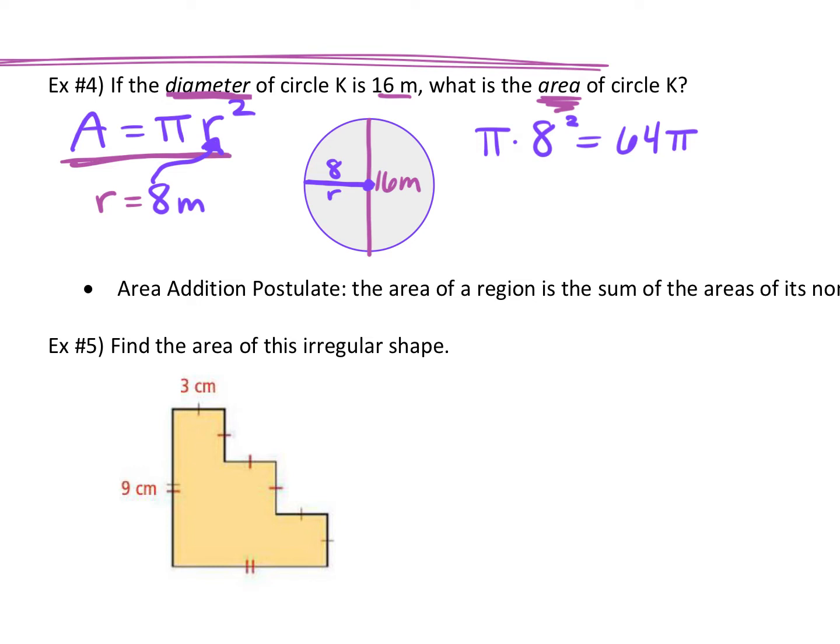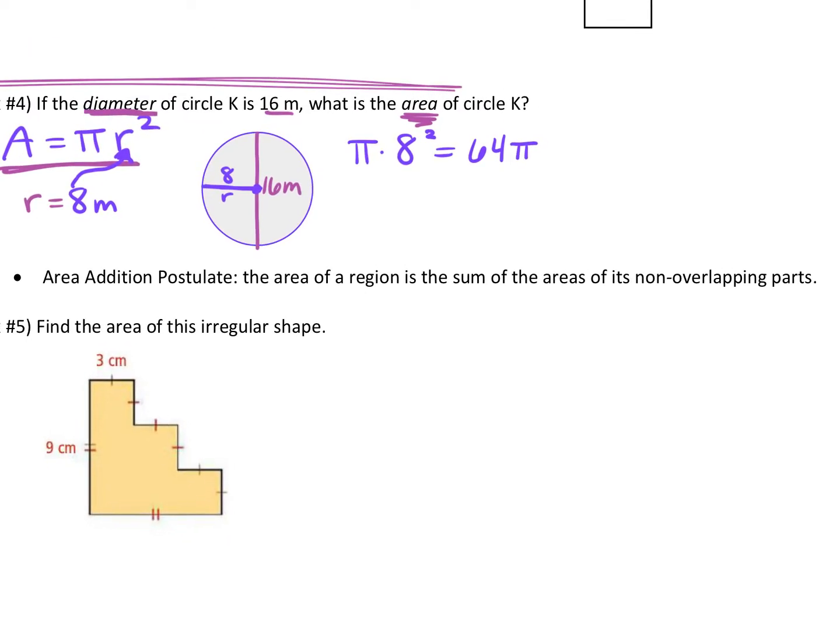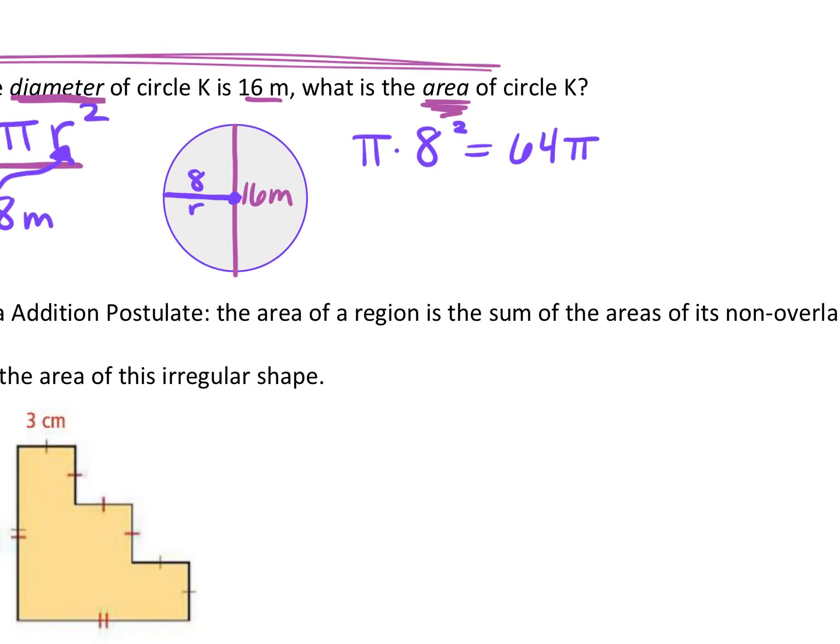I think people see pi and they think, oh, I labeled my answer. 64 pi meters. And then what do you do with area? You square it, right? So meters squared. So the area of this circle would be 64 pi square meters.